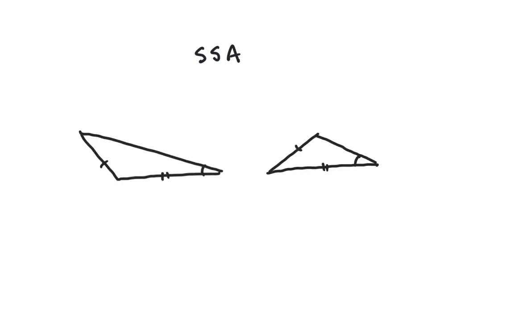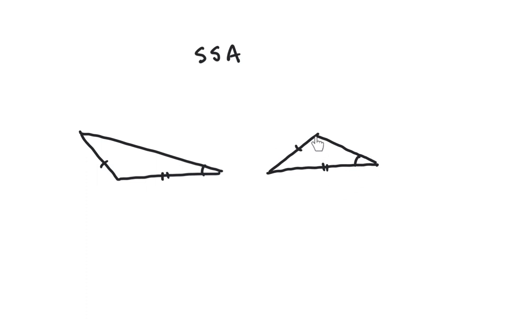Now the one situation that is missing that sometimes gets asked about is side, side, angle. And the reason that that is not enough to prove congruence, I've tried to draw an example here. If you have this pair of congruent sides, I hand drew them, but they're roughly the same length, and then you have this pair of congruent sides, and these angles are congruent, but obviously these two triangles are not congruent.